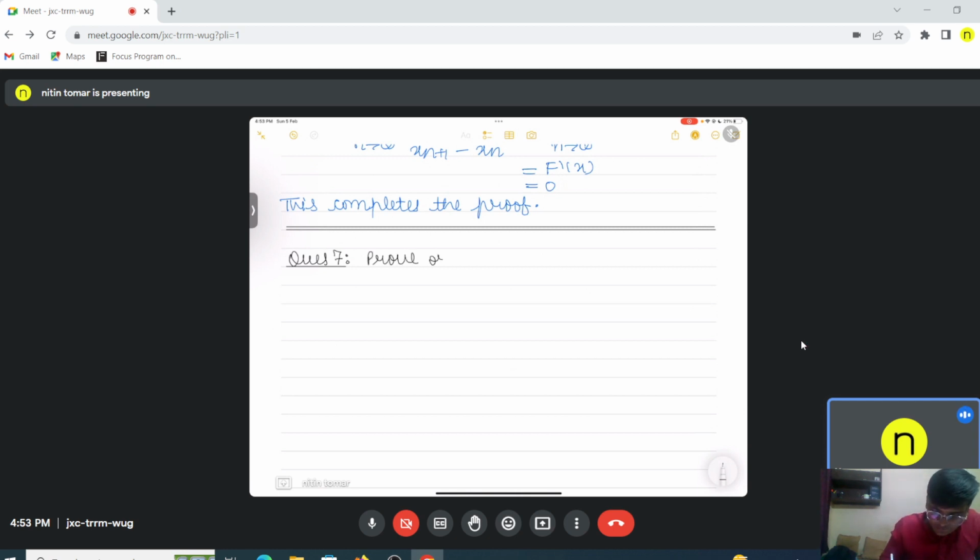Prove or disprove: the first part is that the sequence n plus 1 has the same capital O order as 1 by n square as n goes to infinity.